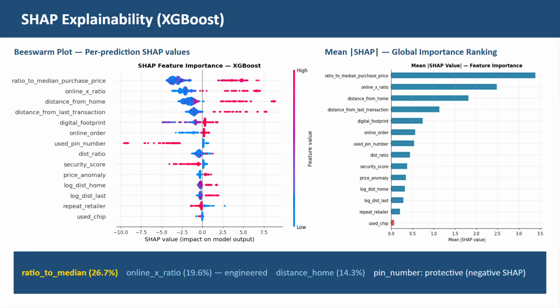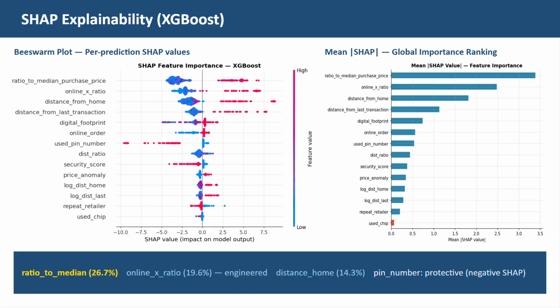And finally, we apply the SHAP analysis to decide which features are involved most in predicting the fraud transaction. It turns out, not surprisingly, the ratio to median purchase price is involved the most in predicting fraud.